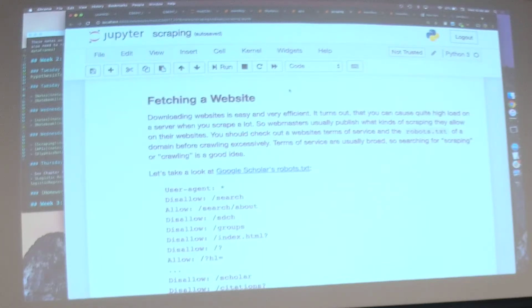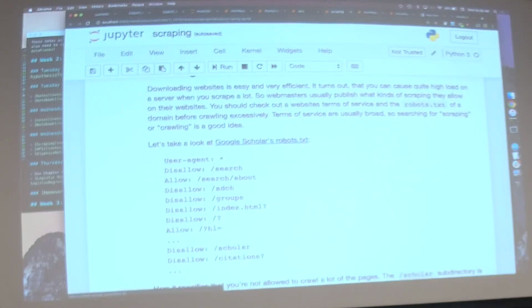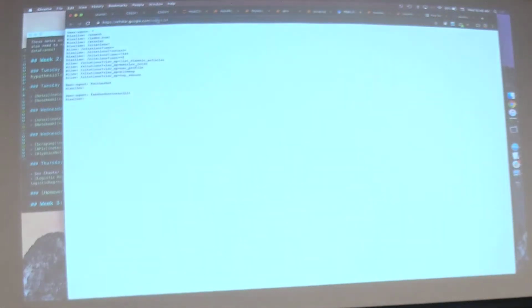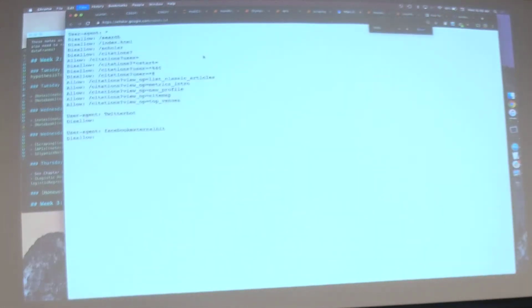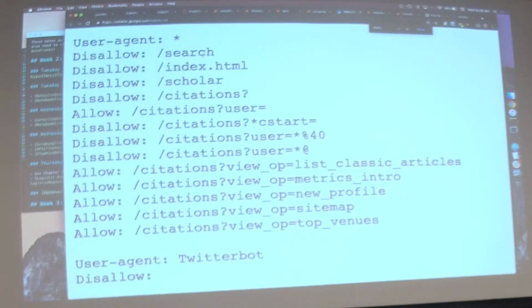Which brings us to the next thing. There are rules for scraping that are usually specified in the site's robots.txt file. So this is Google Scholar. How many people have used Google Scholar?